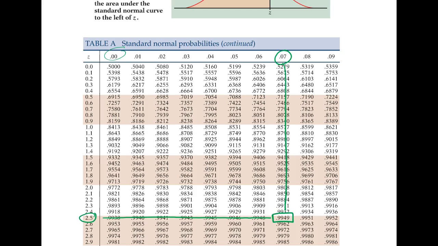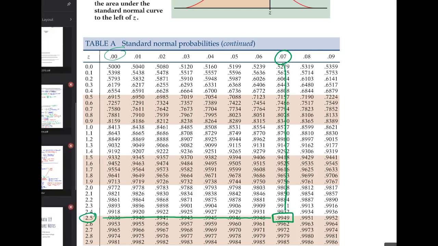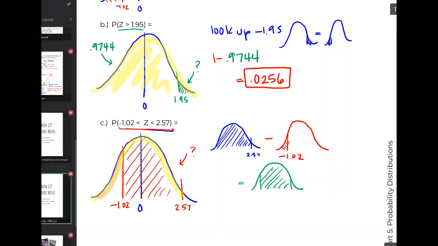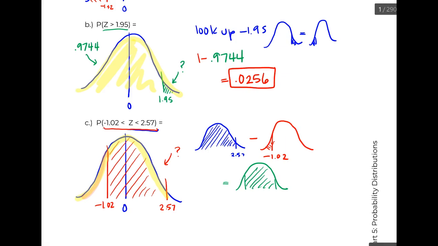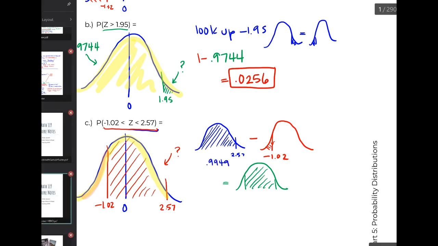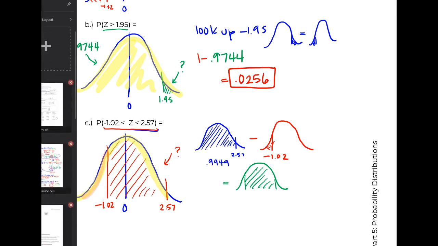So 0.9949 is the first value. Throw that down so I can check with the other ones. 0.9949. Where are my pens? There they are. So this is 0.9949. And now I need to figure out the extra bit, that negative 1.02.